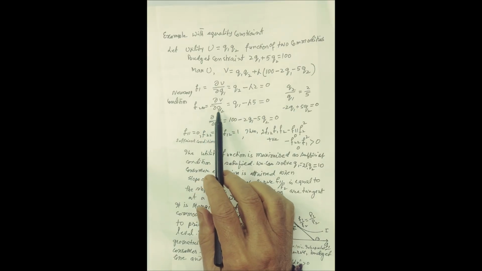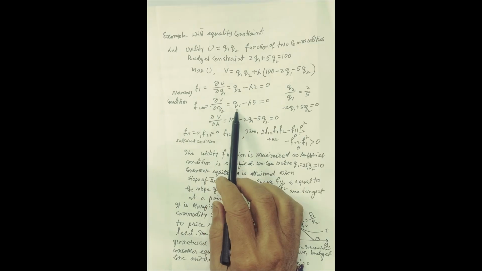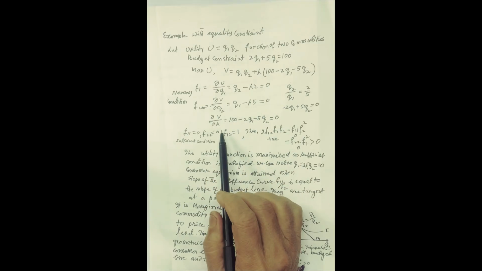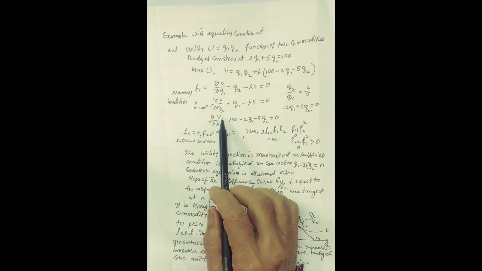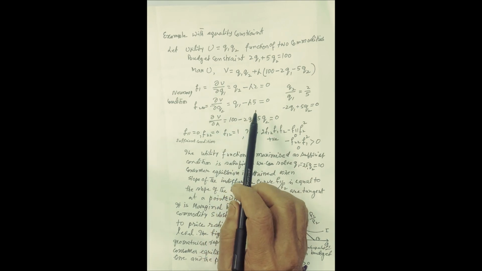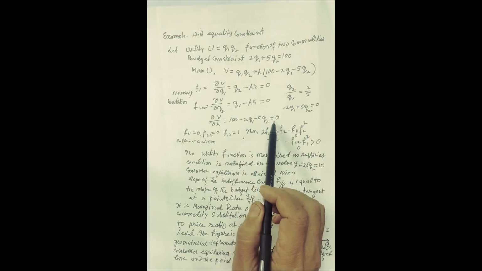Then delta P by delta Q2 is equal to Q1 minus lambda 5 is equal to 0. And delta P by delta lambda is 100 minus 2Q1 minus 5Q2 is equal to 0.